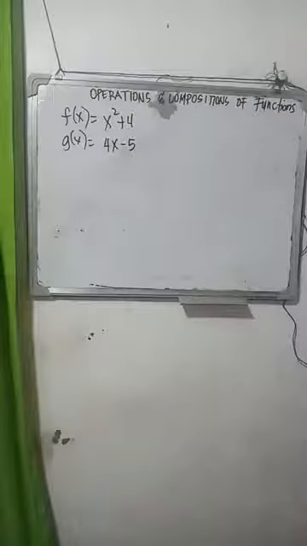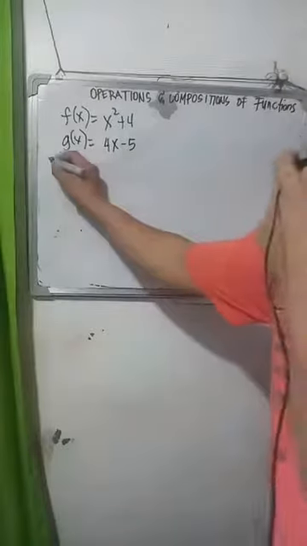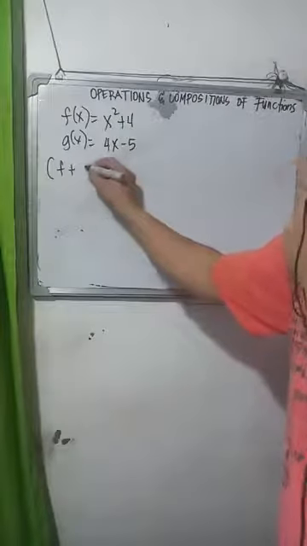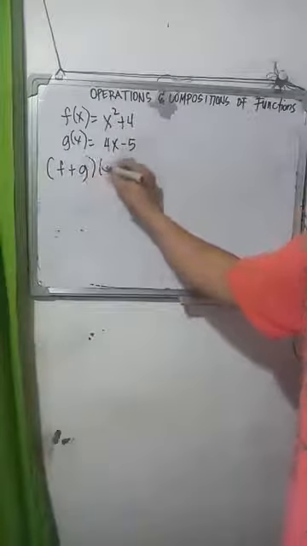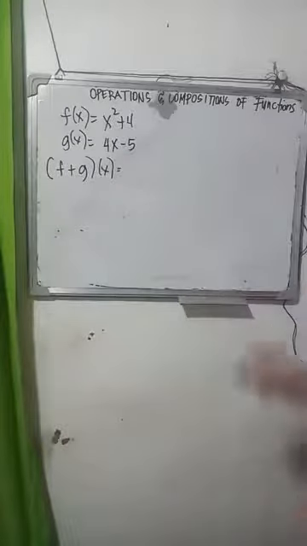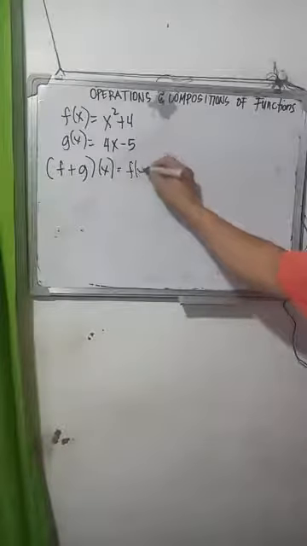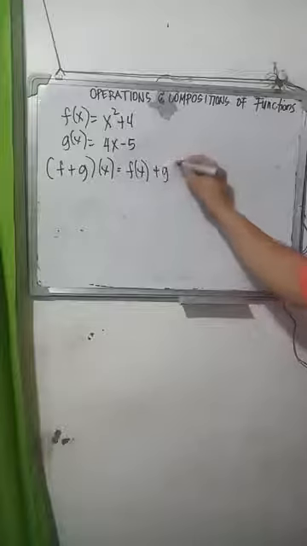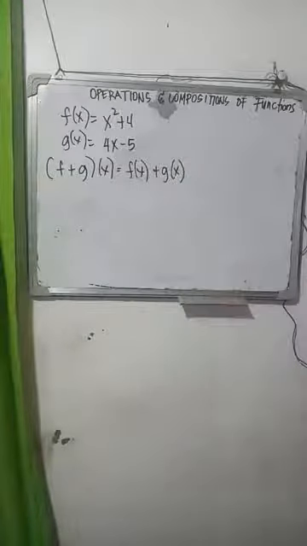Ano ba yung formula in finding the sum of functions? The formula in finding the sum of functions is f plus g of x equals f of x plus g of x. That is the formula in finding the sum.